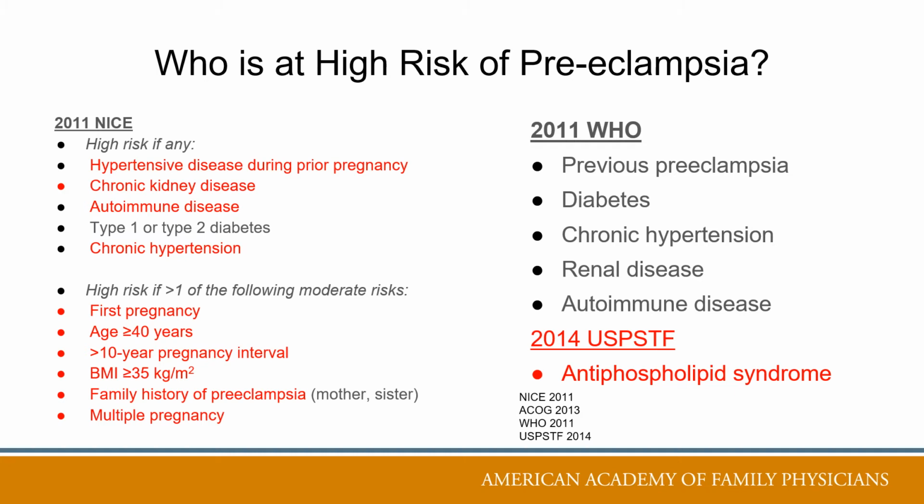And then if one or more of the following risks is present, a patient is also considered high risk: first pregnancy, age greater than or equal to 40, greater than 10-year pregnancy interval, BMI greater than 35, and family history of preeclampsia or multiple pregnancy. Of course, you can see here that the WHO or the USPSTF recommendations are actually different.